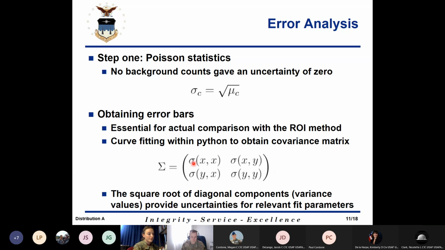And if you take the diagonal terms, you get the variance of x and the variance of y. And if you square root them, you get the standard deviation, you get your uncertainty. So the covariance matrix was our starting point for getting the uncertainty for our fit parameters. And then we had to do some manipulation to pick the ones that are relevant to the plots we were making. But this served as the basis for how we got our error bars.